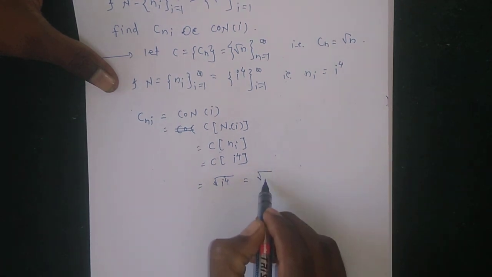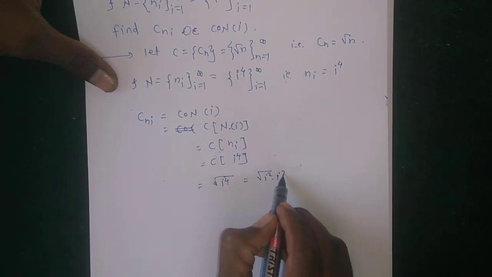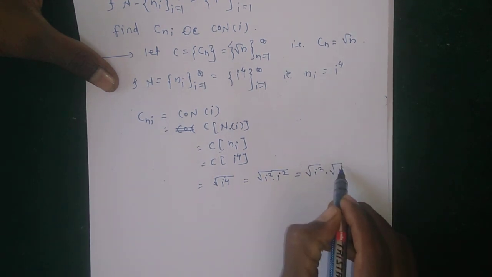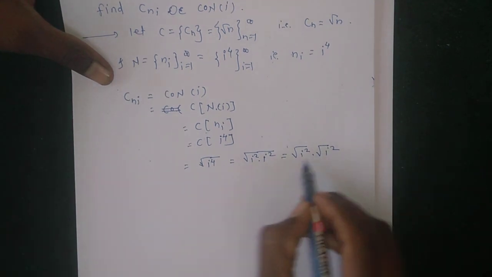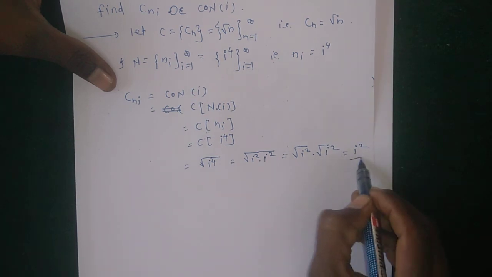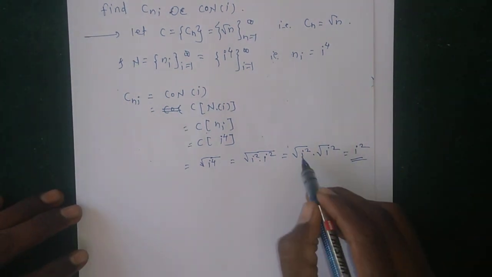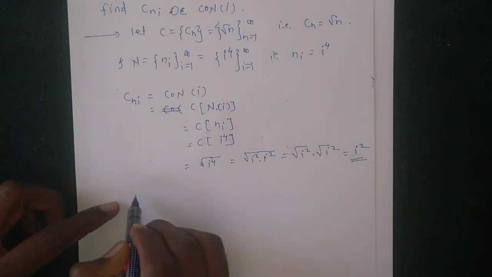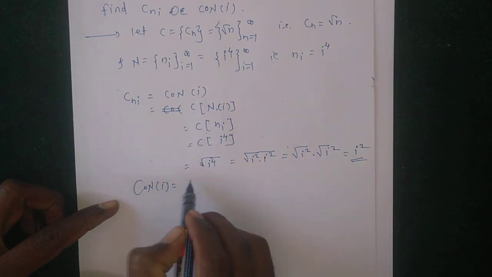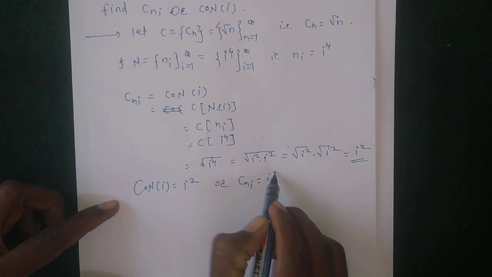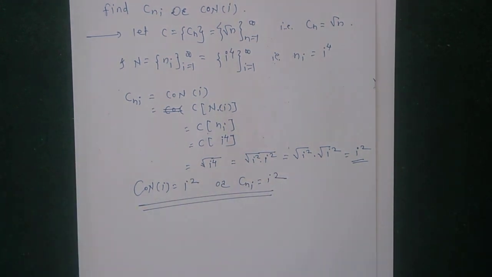This is written in the form root of i square into i square, which is equal to root of i square into root of i square. Then the root and square cancel, remaining only i square. Therefore C composition n of i, or Cni, is equal to i square. This is the formula for the composition of two sequences.